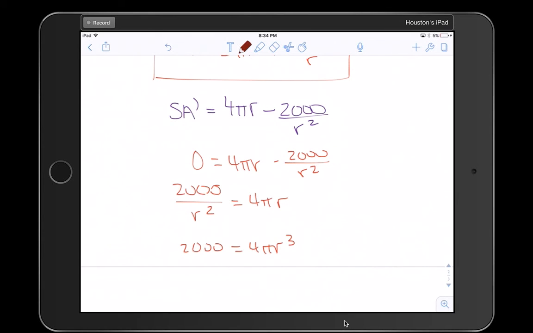So what would r equal? Well, we'd have to divide both sides by 4 pi, and then take the cube root. So that would give me the cube root of 2,000 divided by 4, or 500, divided by pi. That approximates to 5.42.